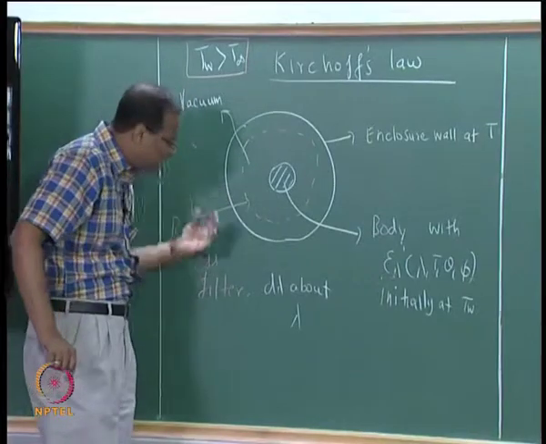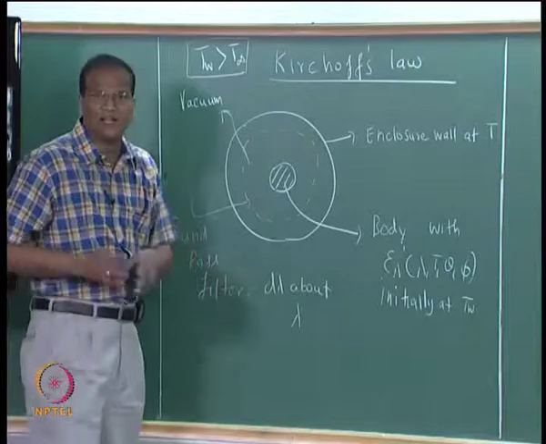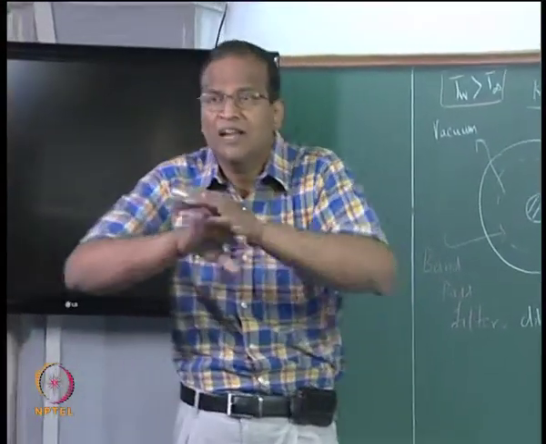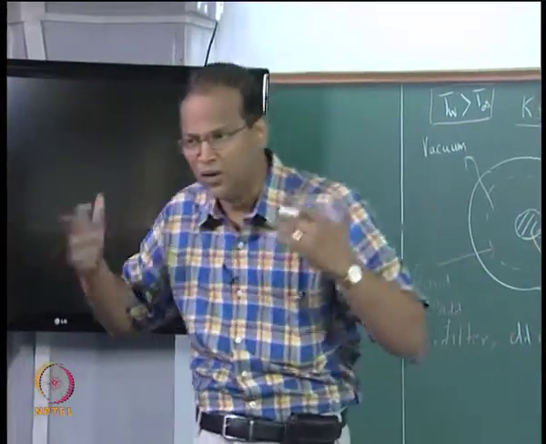So radiation only in the wavelength interval d lambda about lambda can escape and hit the surroundings, and this is inevitable because the body is at a temperature greater than 0, T is not 0 Kelvin, so it will continue to emit.